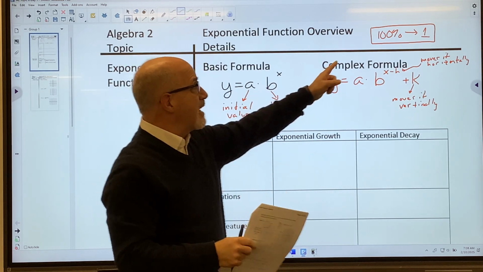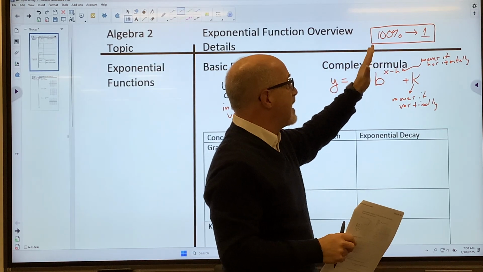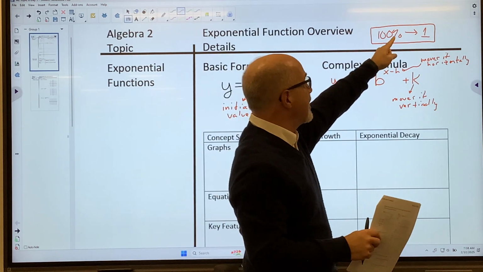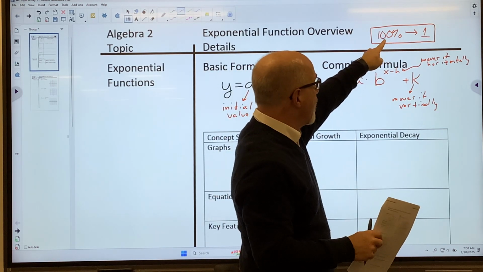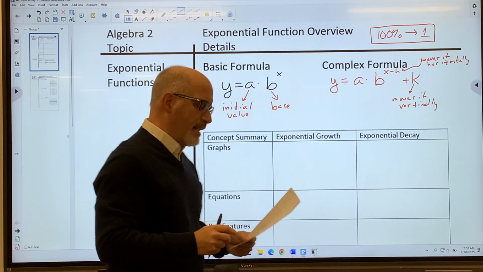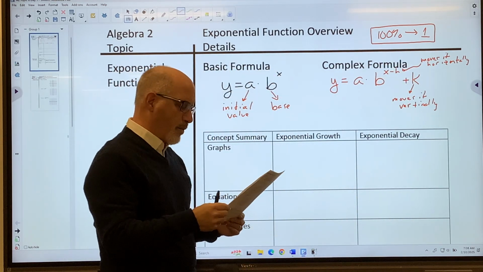We're used to 100% having a couple zeros in there, but when you change a percentage to a decimal, you move it over 2 places, so it becomes just the number 1. You'll see that reflected in several of the problems and the work we do.